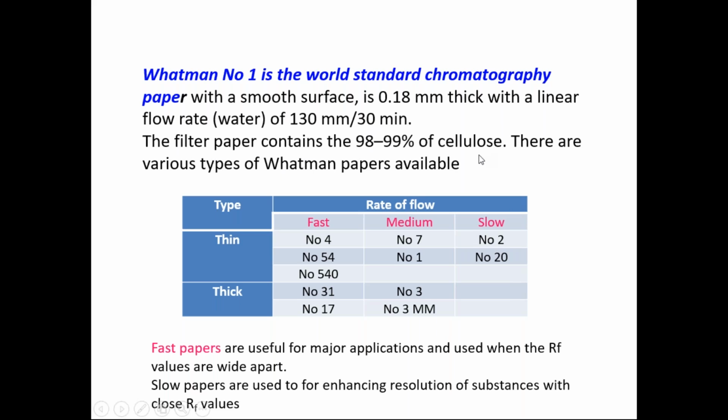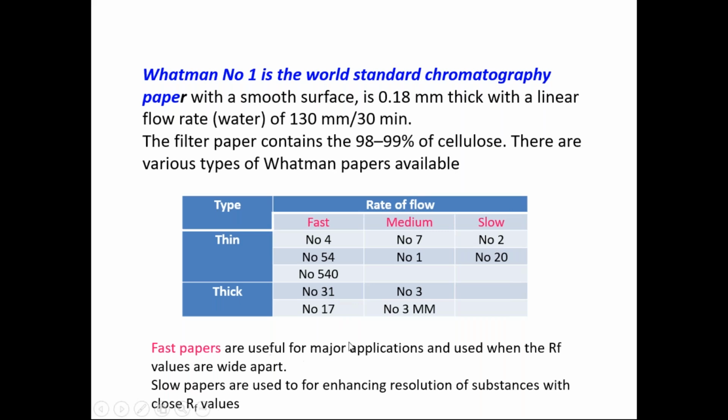There are various types of Whatman filter papers which are graded based on their thickness and based on their speed. So you have fast papers which are number 4, 54, 540, 31 and 17. You have medium flow papers and you have very slow papers.